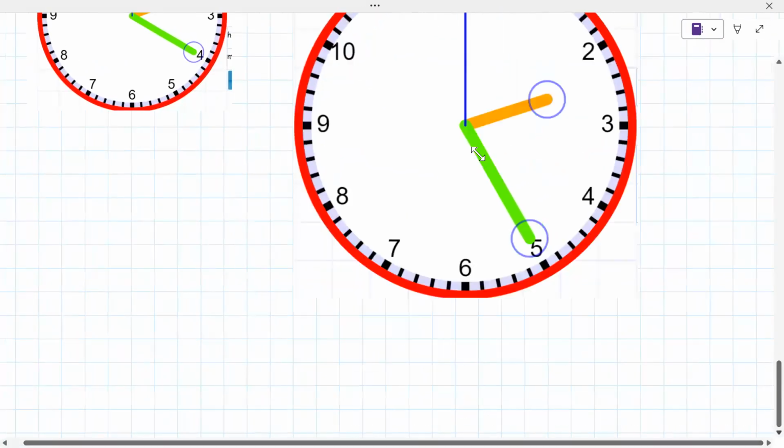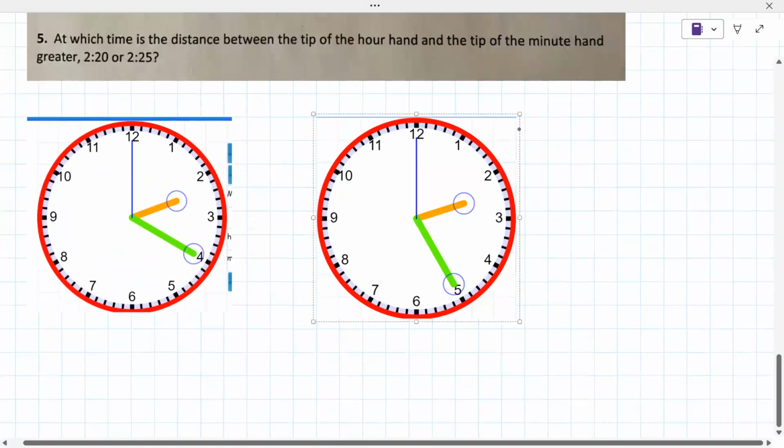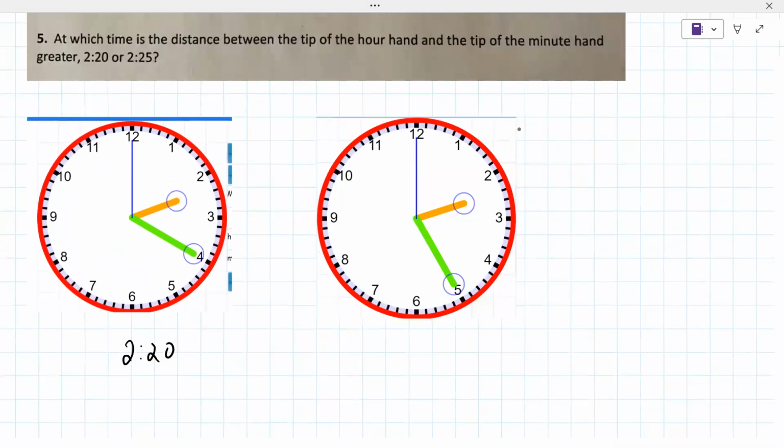All right, so here's the other one. So here 220, here's 225. Hopefully you can answer the question now. Yeah, it'd be 225. Without drawing it, it's hard to know. Because I'd maybe give you one like 110 or something, or 115, to see if you can figure it out.